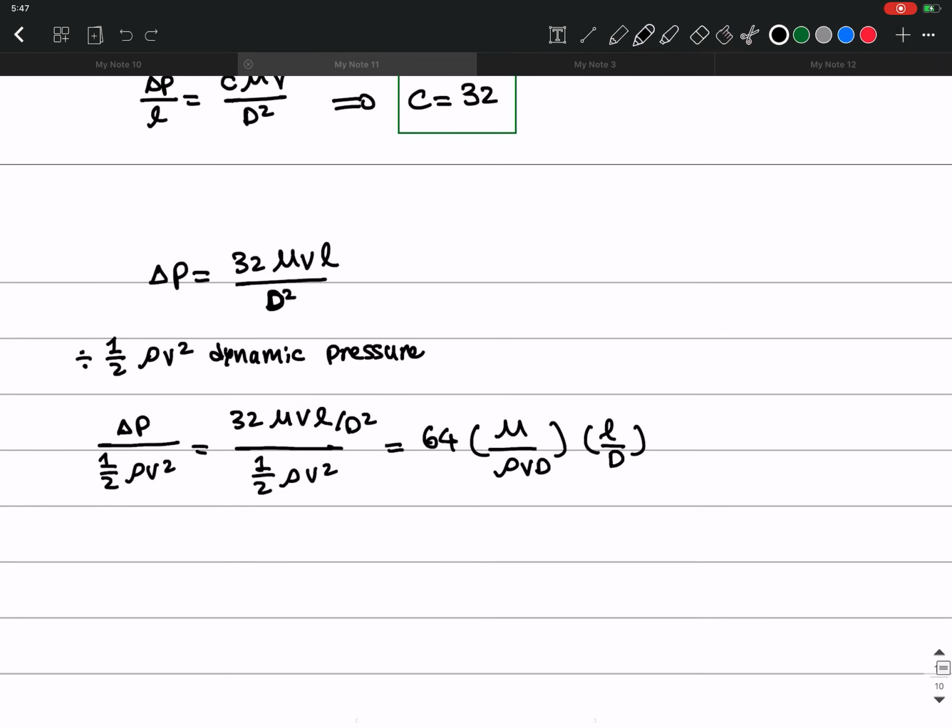Here we have the similar thing, rho V D over mu. So this is 1 over Reynolds number, right? We have mu over rho V D. Rho V D over mu is known as the Reynolds number. So this is just 1 over Reynolds number.